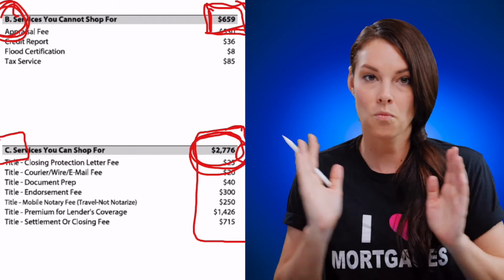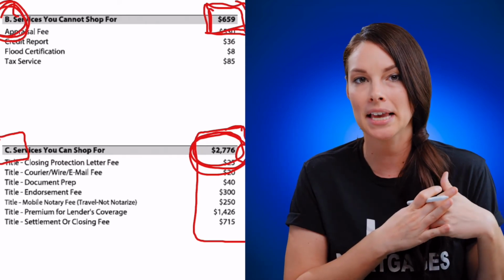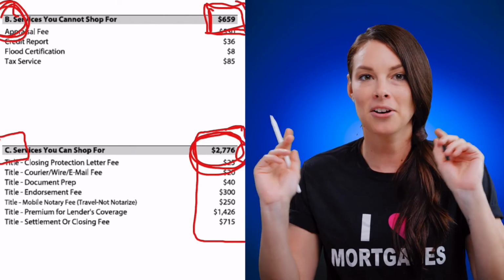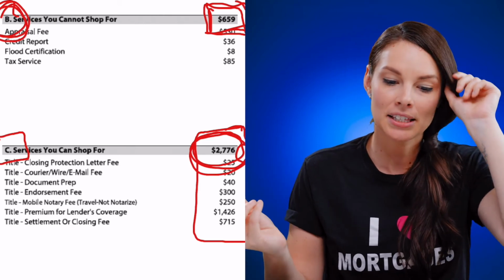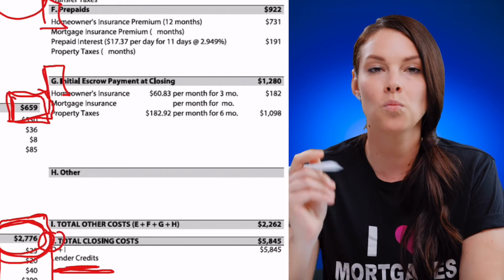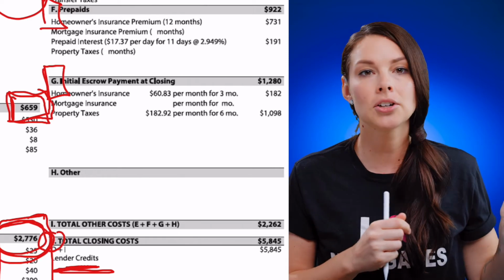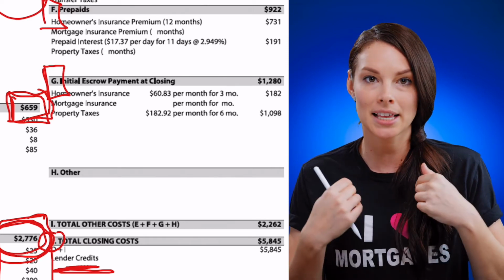And one thing to keep in mind. So I already told you that title costs, if you're a purchase, it's going to be the same across all lenders. Now this is where things get tricky, is if you look at Section F and Section G, we hear all the time people coming, especially for refinances, saying, well, this lender's numbers are so much less than yours.